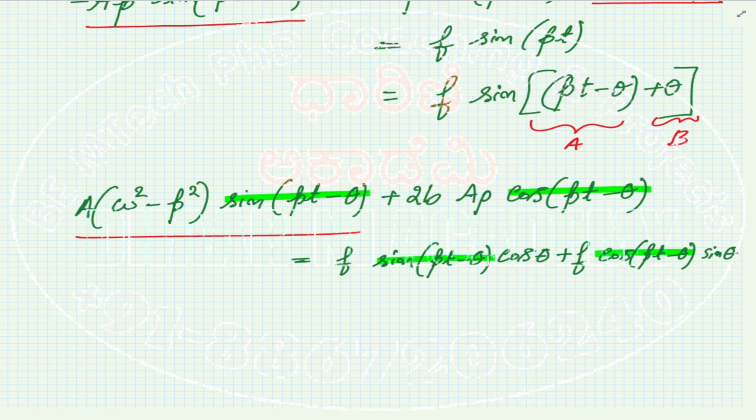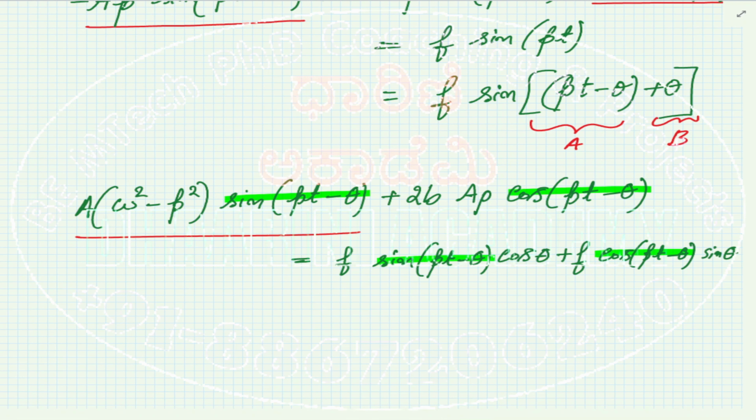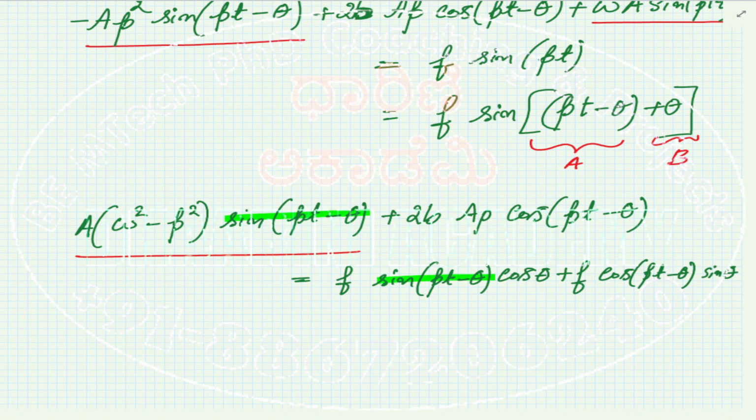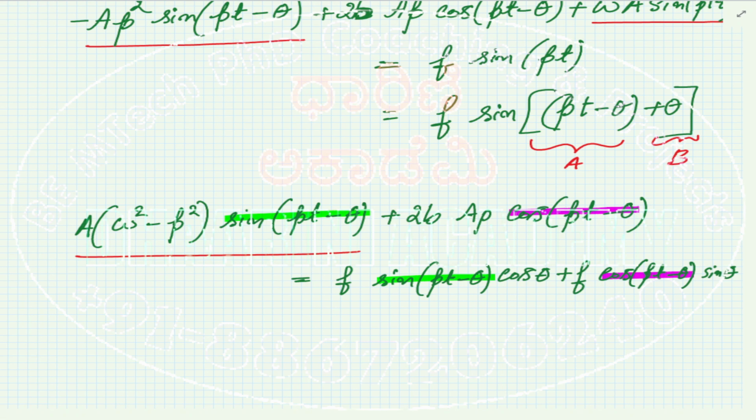Sine and sine are the same on both sides, and similarly cos pt and cos pt also exist on both sides. If this equation is good for every value of t, that means the coefficients of sine pt minus theta and cos pt minus theta should be the same, correct?